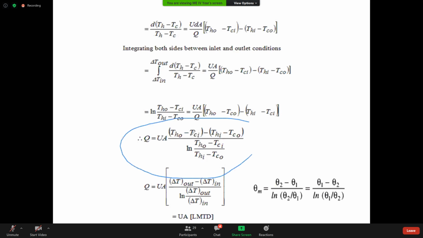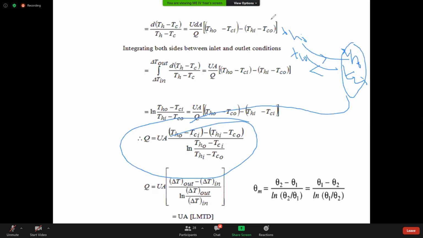See, Th naught minus Tci, this is Thi, this is Th naught. The other fluid goes like this from here, Tci, Tc naught. Th naught minus Tc naught is theta 2. Tci minus Tc naught, or Thi, sorry, no, he has written in a different way, theta 2. Th naught minus Tci, Thi minus Tc naught.